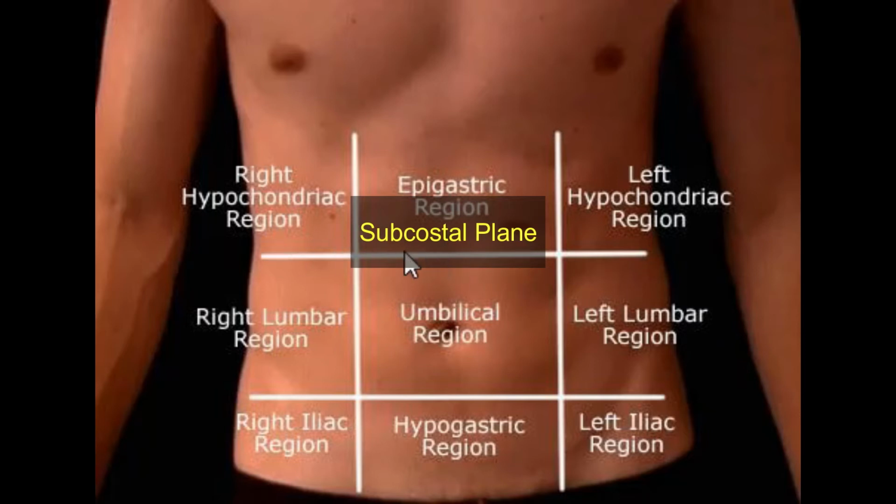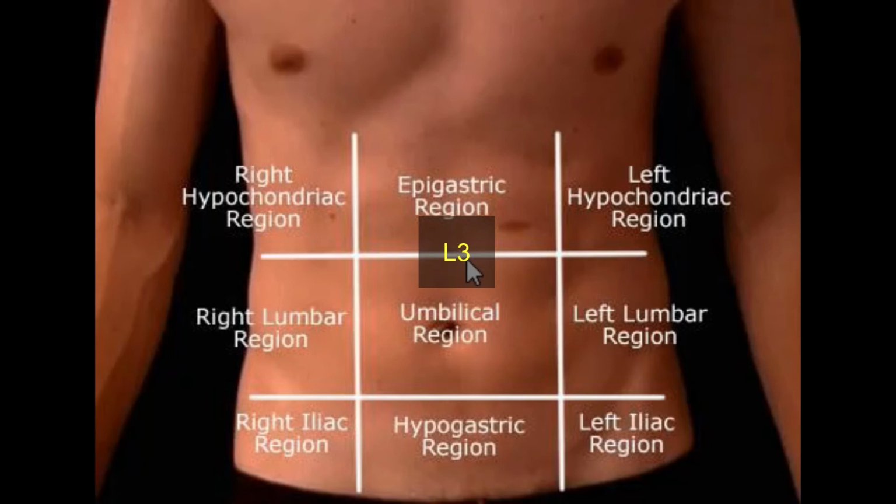And right here is at the level of the L3 vertebra, and an important thing forms there: the origin of the inferior mesenteric artery and the third part of the duodenum. So the subcostal plane, this transverse line, is at the level of the 10th costal cartilage at L3 vertebra, with the origin of the inferior mesenteric artery and the third part of the duodenum lying in this plane.